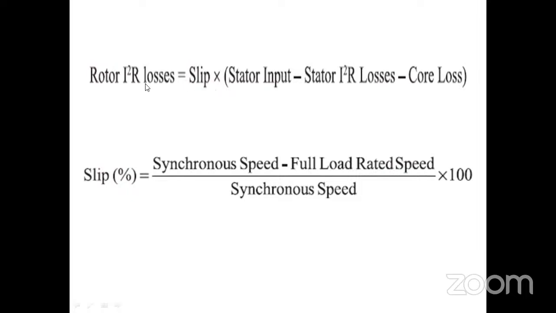It will give the rotor I square R loss. This is an indirect method, sir. Once again, I am giving this formula, so we have to keep it in mind. What is slip? It is (ns minus n) divided by ns: synchronous speed minus full load rated speed divided by synchronous speed.